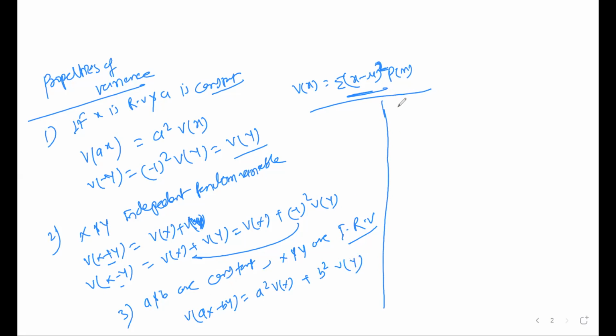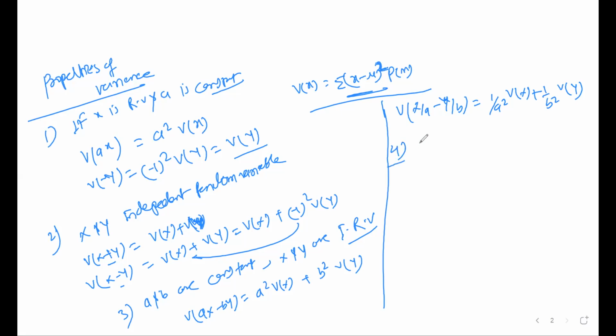Similarly, the variance of x by a minus y by b is given as 1 by a square into v of x plus 1 by b square into v of y.